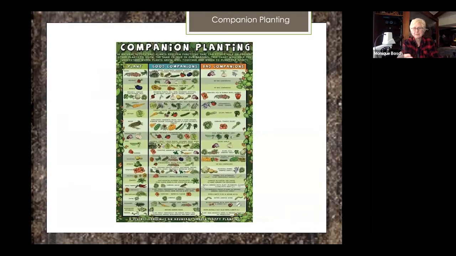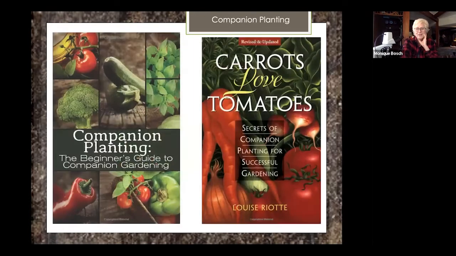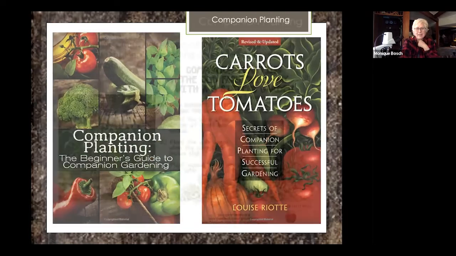The next thing to talk about, I'm rushing, but I just want to get these points across. Companion planting, plants that help one another. For example, if you're growing tomatoes, using the shade of the tomato to grow the basil, and they go together and help one another. Marigolds is a wonderful companion for a lot of plants. I've got a book called Carrots Love Tomatoes, which goes into detail about that.